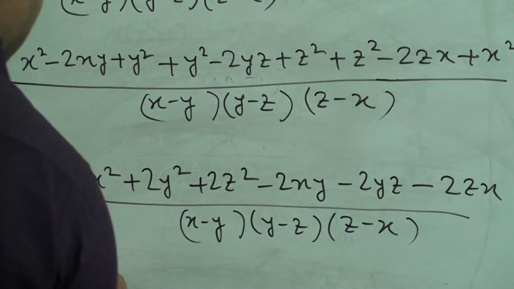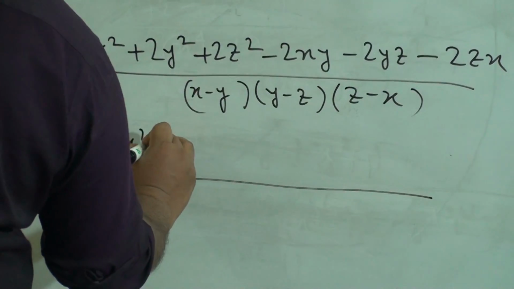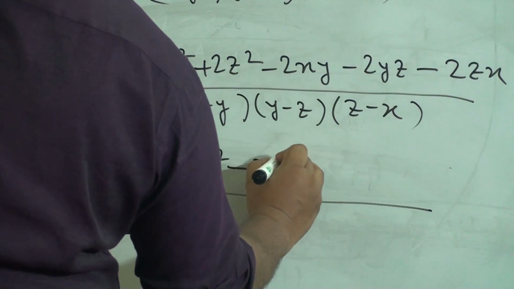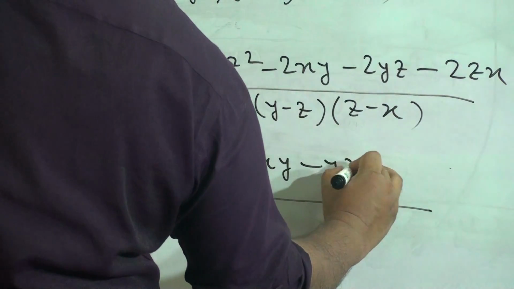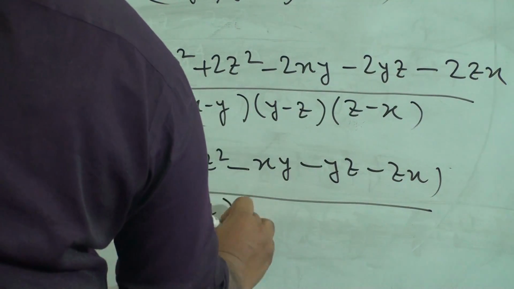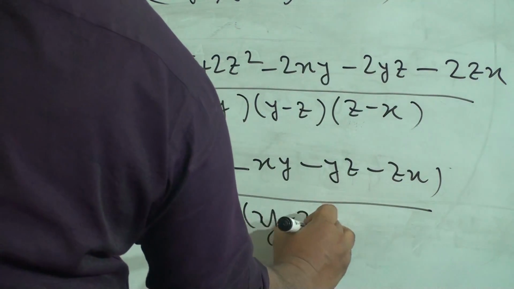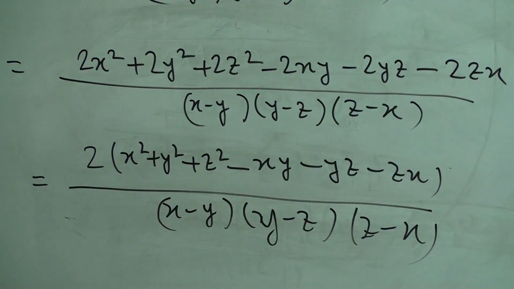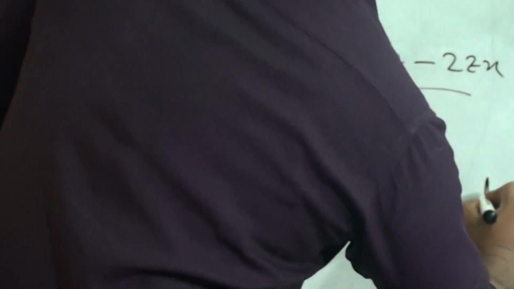So 2 common and left x square plus y square plus z square minus xy minus yz minus zx by x minus y, y minus z and z minus x. So this is the answer of this question.